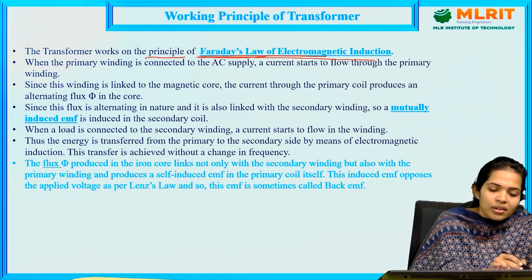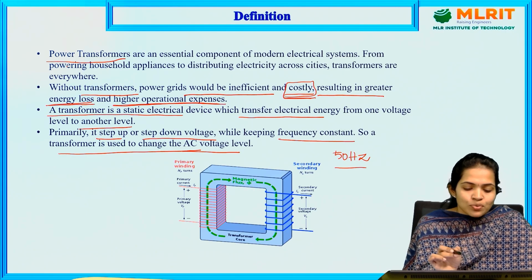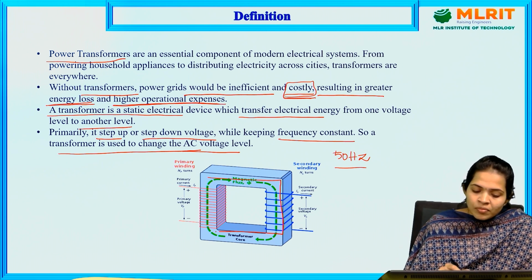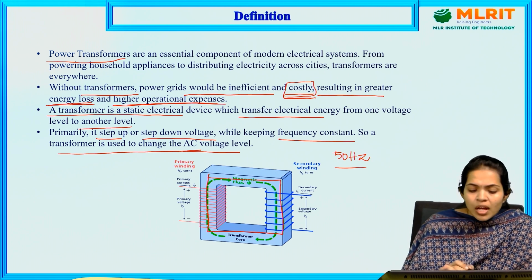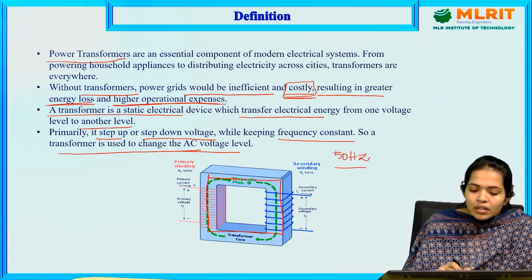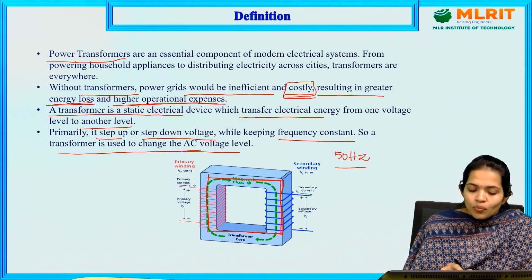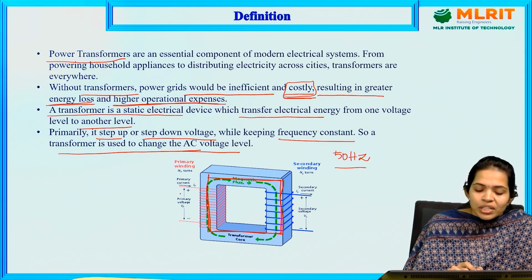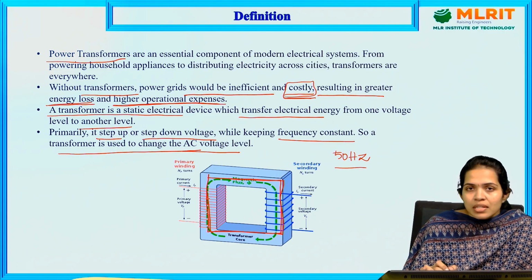In a transformer, if we see the structure, we can see there is a magnetic core. The material it is made of will be discussed in detail in the construction, and the material of the windings will also be discussed in the construction.